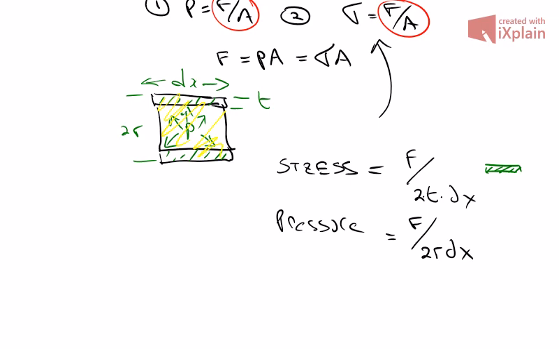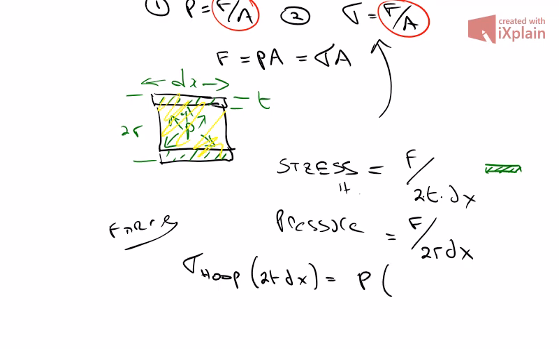So if we put those equations together, stress hoop, and if we equate this into force, stress hoop times 2t dx is equal to the pressure times 2r dx.